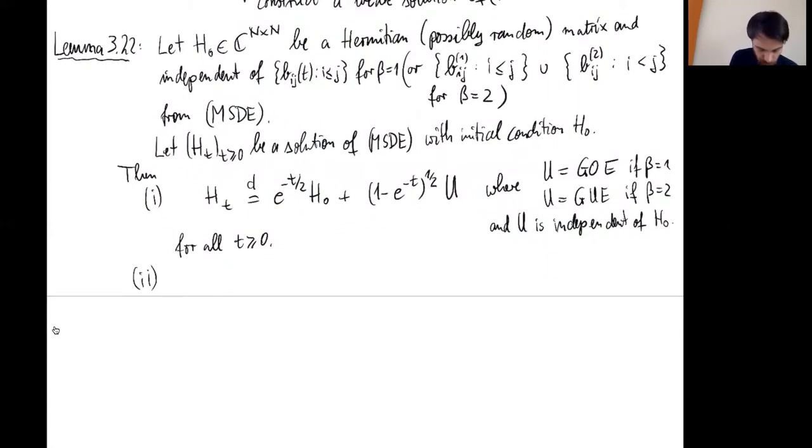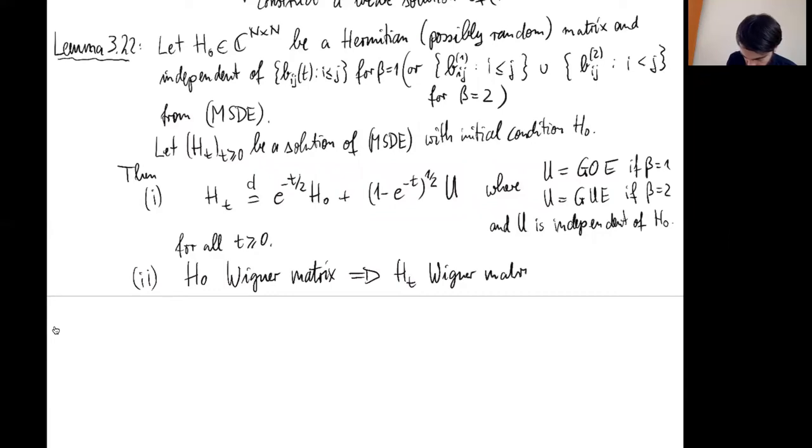That's immediate from the part before: if H_0 is a Wigner matrix, then H_t is also a Wigner matrix for any positive t. I already said the proof.